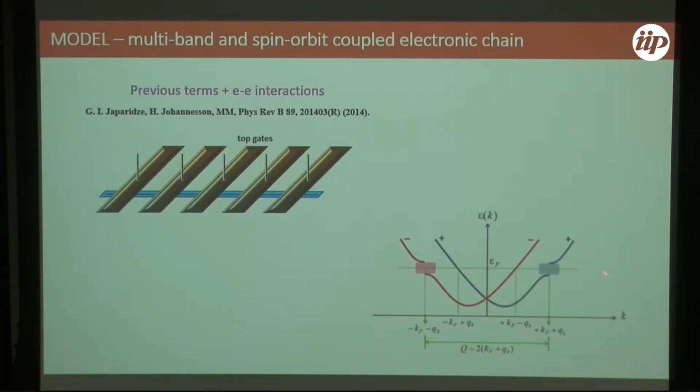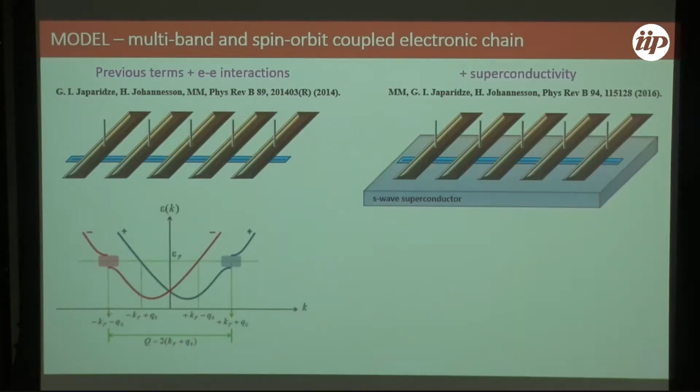Here is your Fermi level. These outer Fermi points will develop some gaps due to the presence of electron-electron interactions. And as a result, the inner Fermi points will constitute a synthetic helical liquid, in that spin and momentum degrees of freedom around these Fermi points are locked to each other.